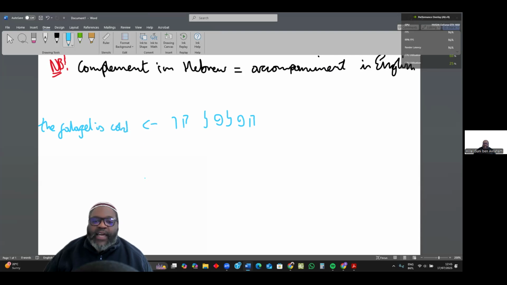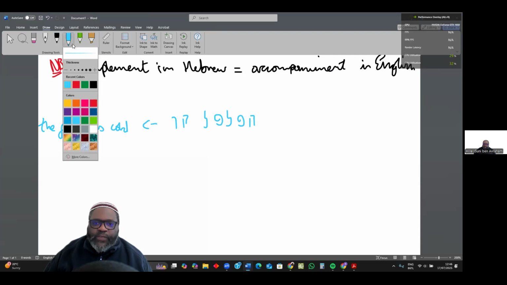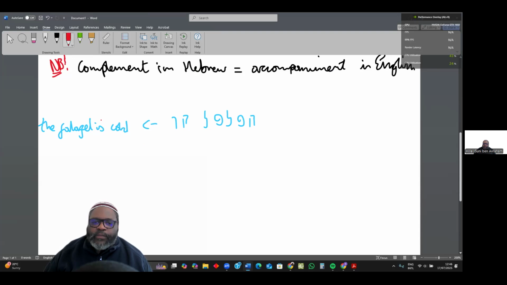In English, the falafel is cold. What's different about Hebrew and English? We omit the verb. So in English, we take out the verb is. We say the falafel cold. In English, we have the, which is the definite article. The definite article is there.